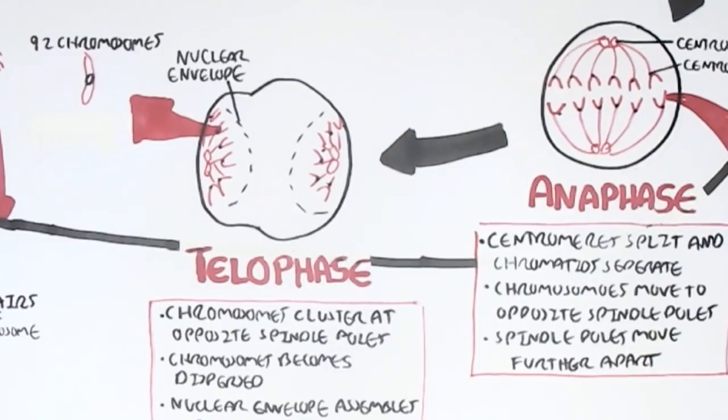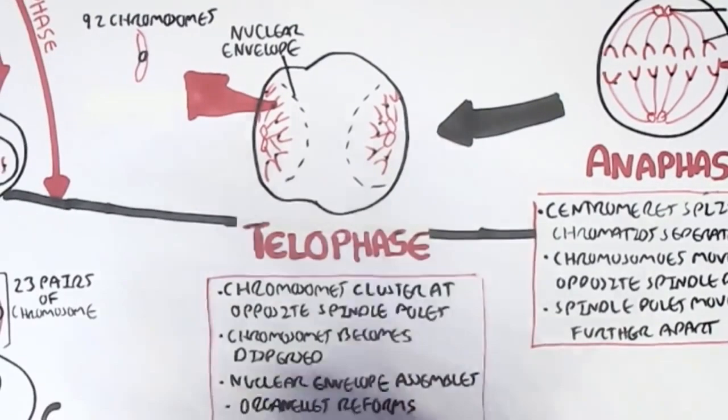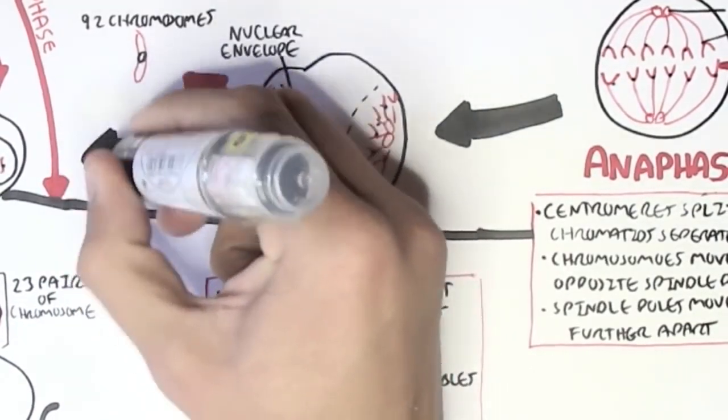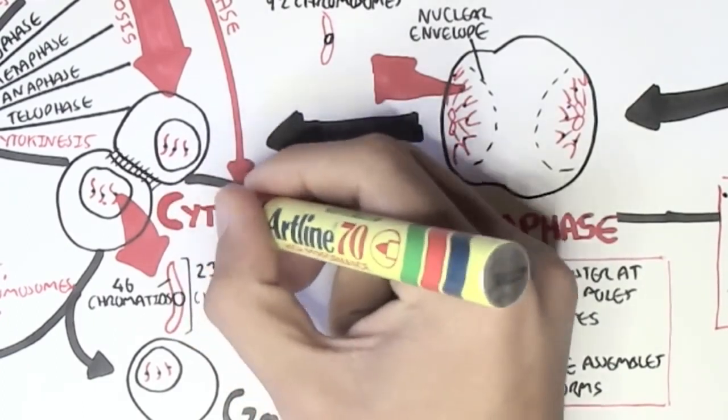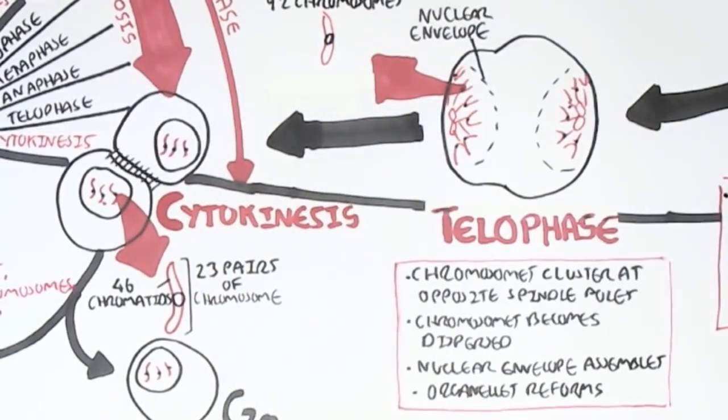This cell will then enter the last phase of M phase, not mitosis, but the last phase of M phase, known as cytokinesis. Cytokinesis is not part of mitosis, but it is part of M phase. It is the separation of the cell into 2 daughter cells.